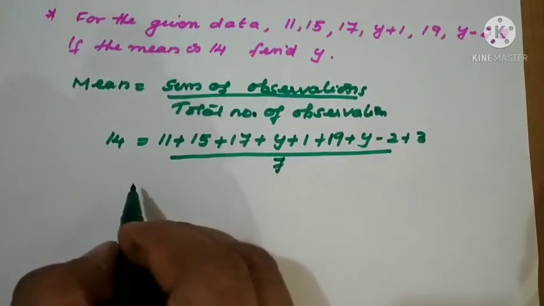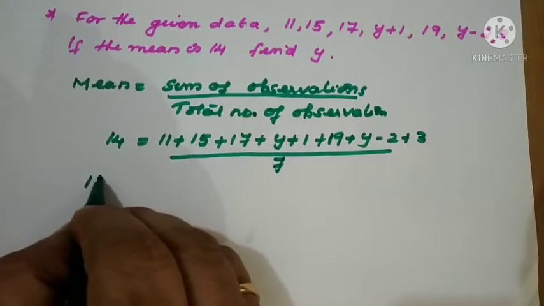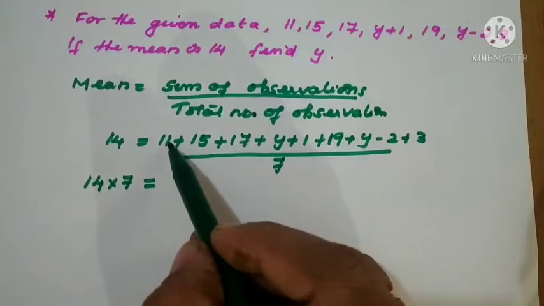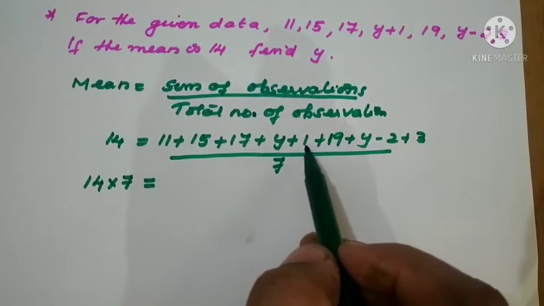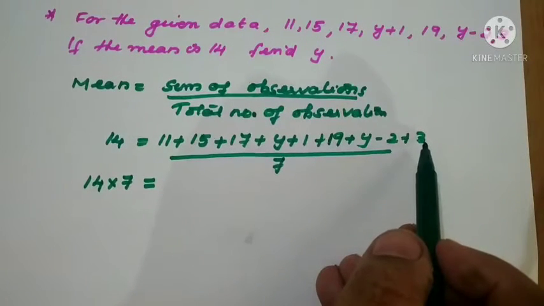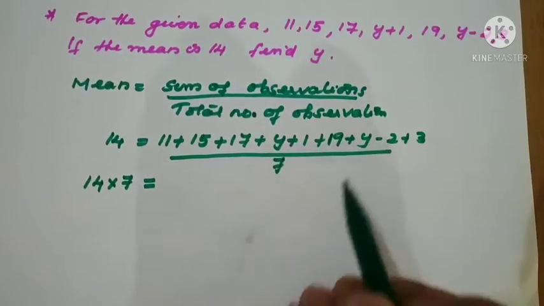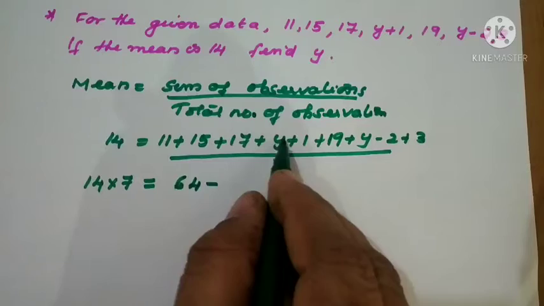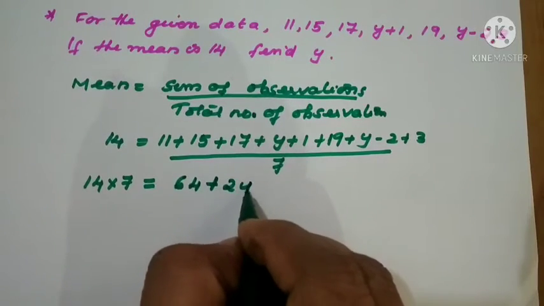So cross multiply. 14 into 7 equals 11, 15, 17, 1, 19, 3 we should add, 1 also add, minus 2 should be subtracted. You will get 64, y plus y, it is 2y.